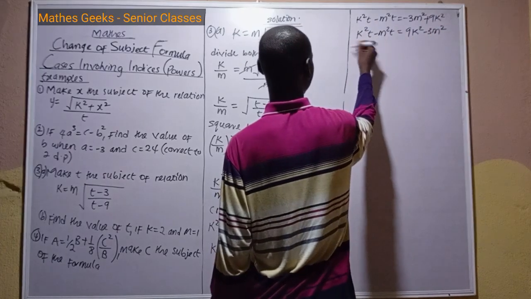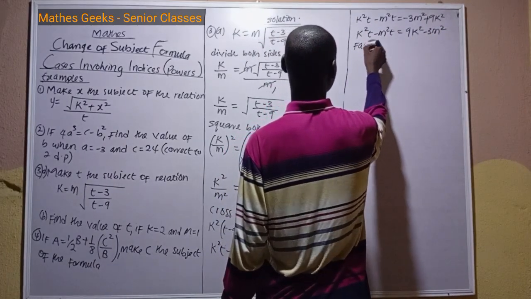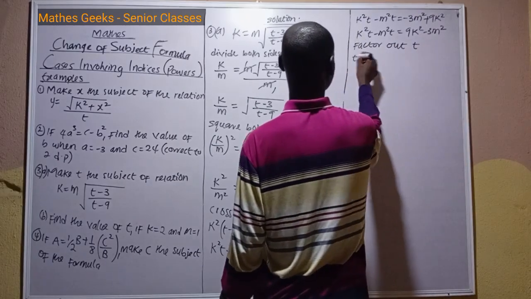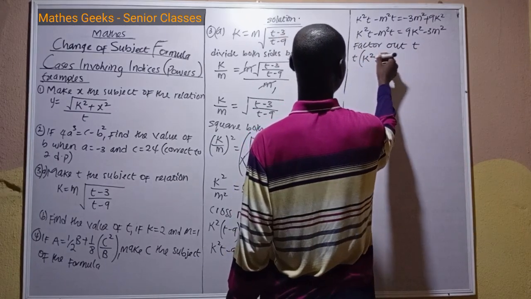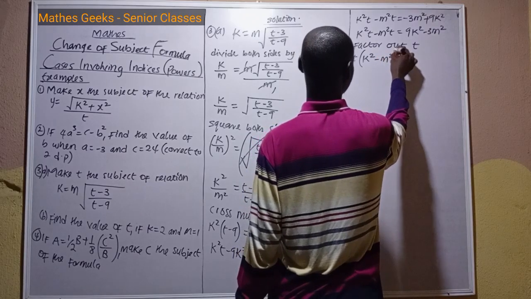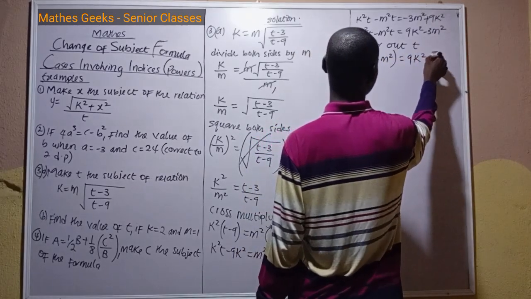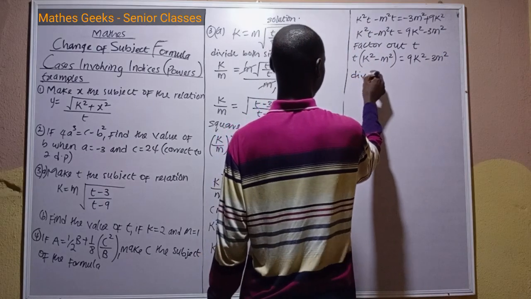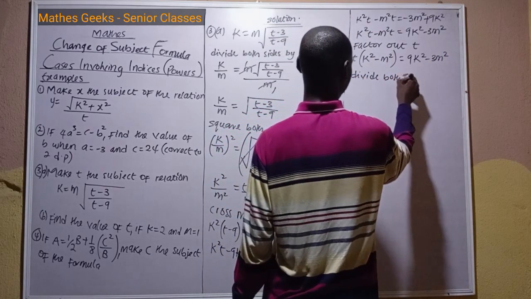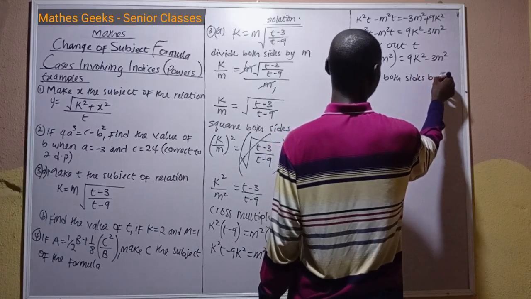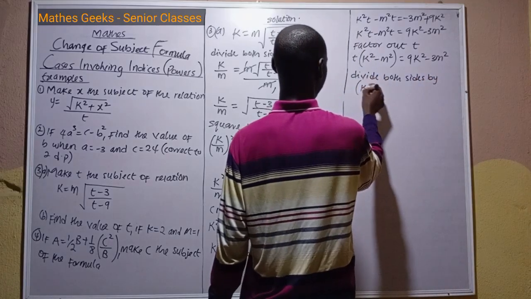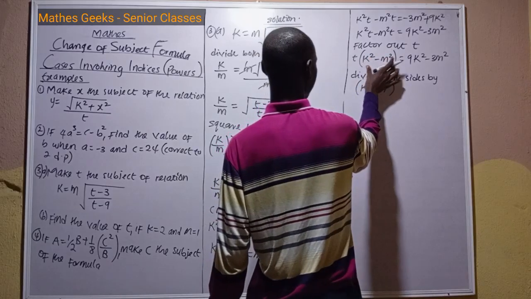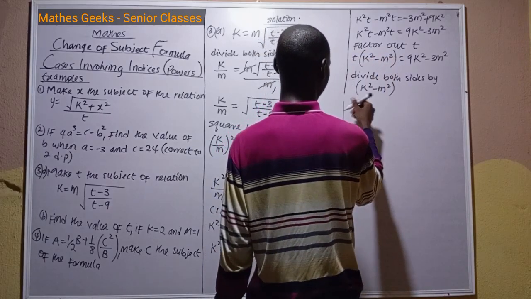So factor out t. So t times (k squared minus n squared) equals 9k squared minus 3n squared. So divide both sides by k squared minus n squared, so that we can eliminate this from here and t stands on its own.